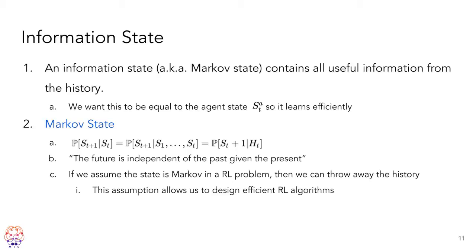So an information state basically is anything that you can use to predict what happens next. And so we want it to be equal to the agent state so that we can learn efficiently. So if the agent knows everything around it and what happens, then it knows what action will be the best by definition.